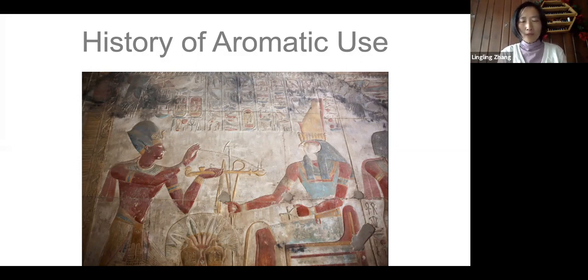Egypt, India, China, Greece, Rome, these ancient civilizations all have a rich history of using aromatic essential oils or aromatic plants. They may not have had the liquid format like we have today, right? But it's the same thing.